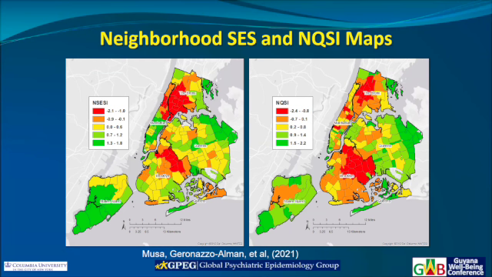In fact, the paper was published this past June, looking at different neighborhood level indicators of the 8 psychiatric disorders that we assessed in this study. We can actually see the high red areas where there's high crime and low quality.